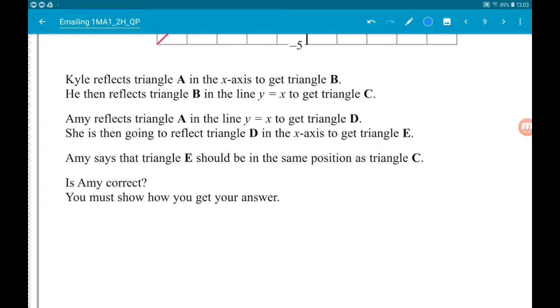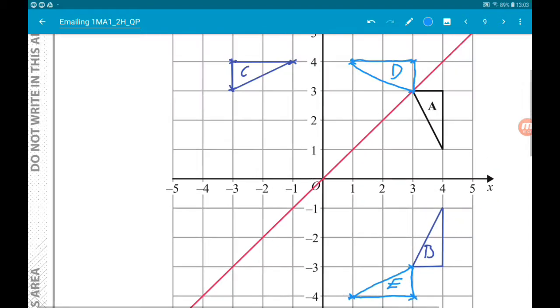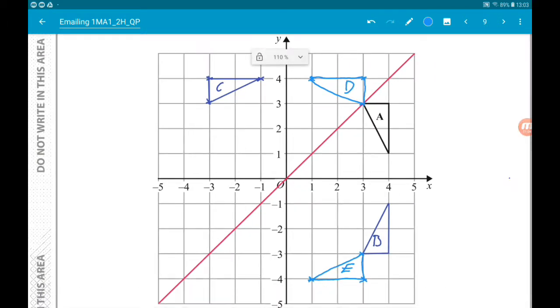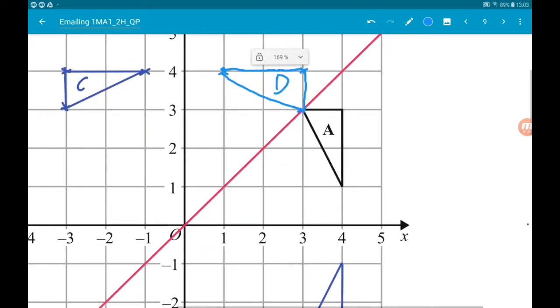Okay, so I've done it by carrying out all of the transformations. So the line y equals x, hopefully you're happy with that. It goes through 0, 0, 1, 1, 2, 2, etc. So let's do Kyle's first of all.